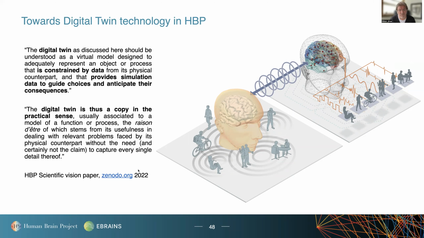That is a vision that has been formulated on zenodo.org. Please check it out. Just look up the Human Brain Project on this particular platform.